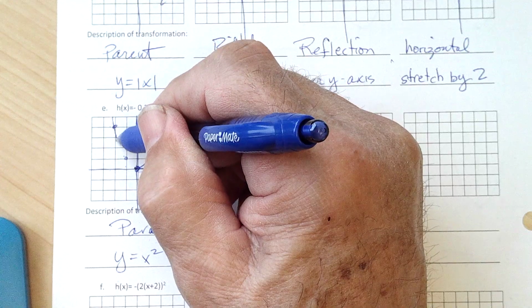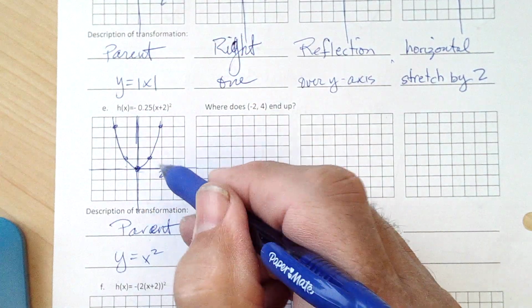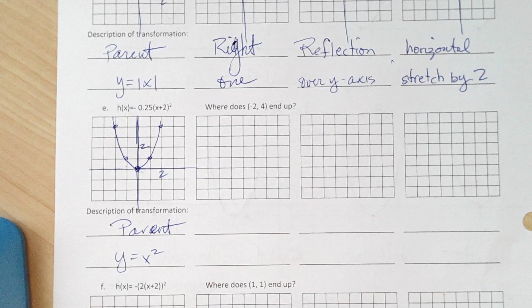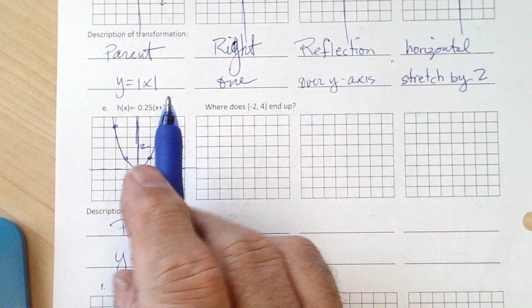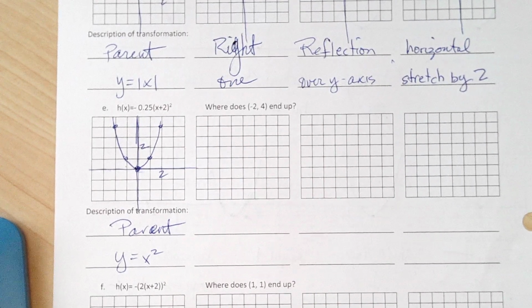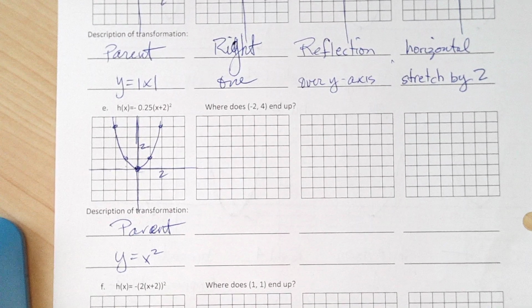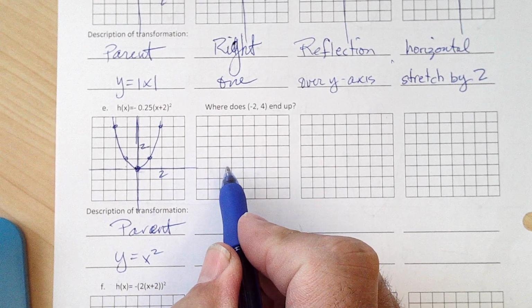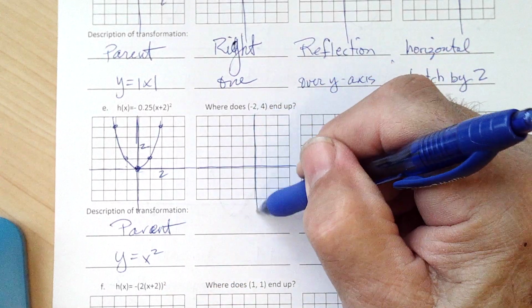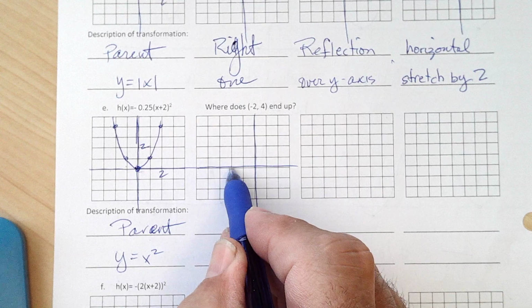Looks like this. Units are 2, 2. What should I do first, the inside or the outside? I'll do the inside first. Plus 2, it's the only number in there. So horizontally, I'm doing the opposite, so it's going to move it minus 2. So I'll move my y-axis over a little bit and move this whole thing minus 2.